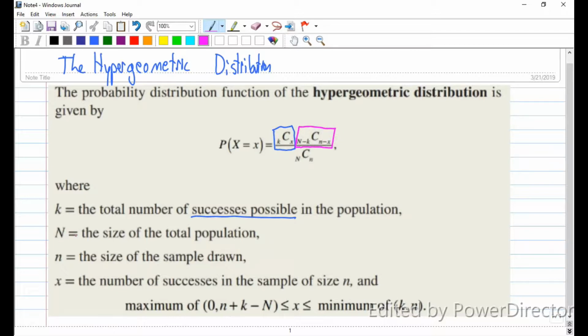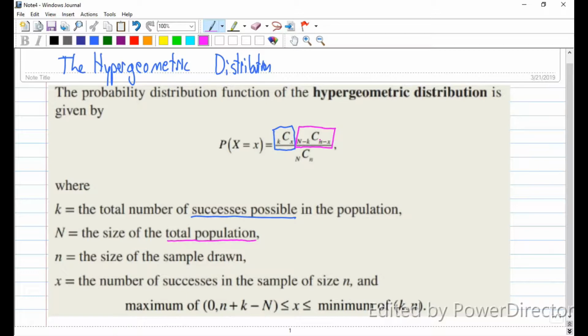So capital N is going to be the total population, the size of the total population. And then we've already figured out, at that point, we would have already figured out K, the number of successes possible. And then lowercase n is the size of the sample drawn.